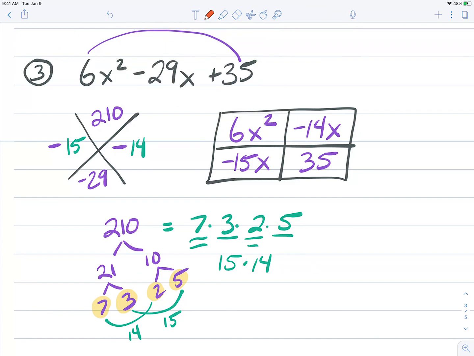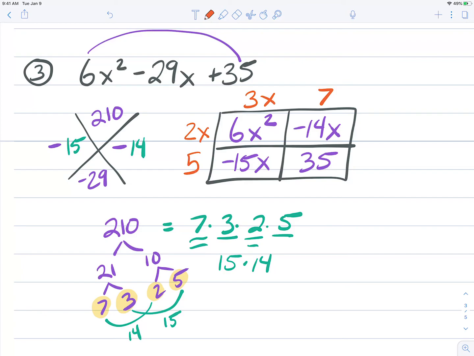Now if I take the GCF of the rows and columns, so the first column has a 3 and an x in common. The last column has a 7. The top row has a 2 and an x in common, and the bottom row has a 5. Now there's one extra thing about this, because if you look at what I've just factored out, I don't have any negatives, but inside the box there are negatives.